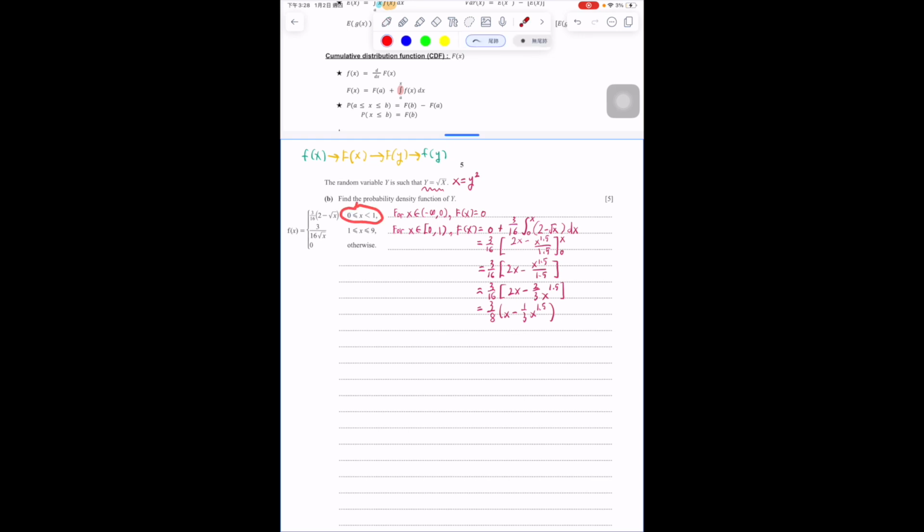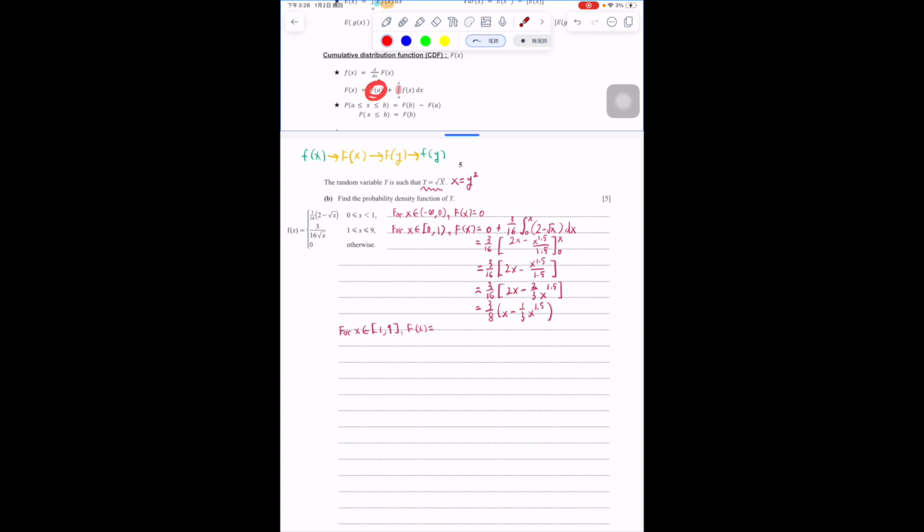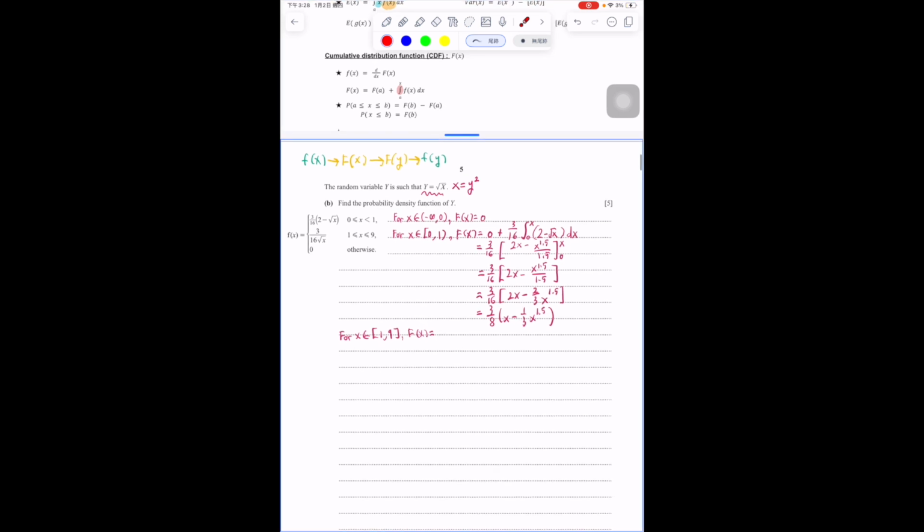For the domain that x falls into, 1 to 9 included, we have our CDF that equals, again, we have to copy the last part, right? We have our f(x) before our integration. So in the first part, we have our 0 copied, and this time we have these things copied here.